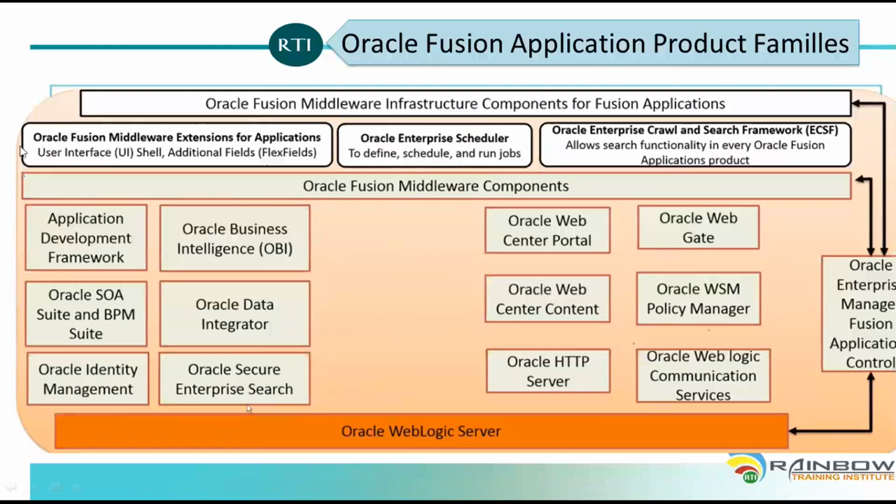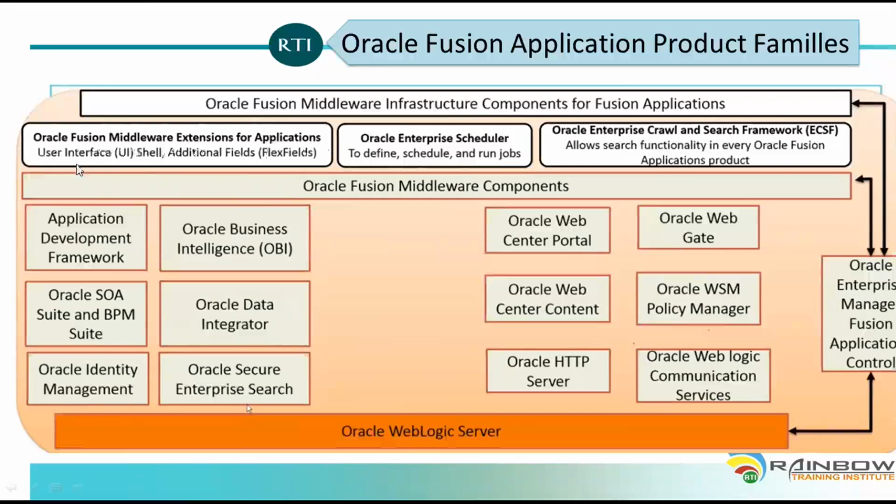When you come to the Oracle Fusion Middleware infrastructure components, we regularly see them in the front end. So let's talk about what the infrastructure components are. First one is Oracle Fusion Middleware Extension for Applications.